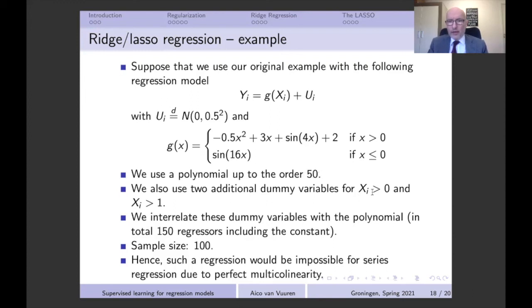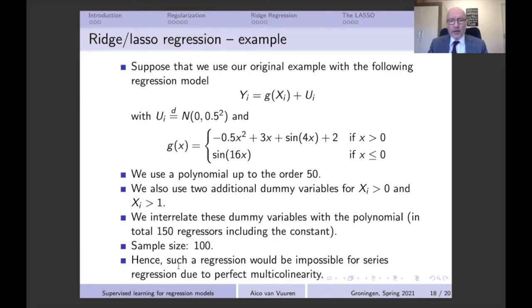Well, if I interact it, then I get another 50 regressors, and here another one. So in total, I have now 150 different regressors. Remember that the sample size was only equal to 100. Well, you should realize, of course, that in a standard econometrics framework, this would not be possible. It would not be possible to have 150 different regressors and a sample size only of 100.